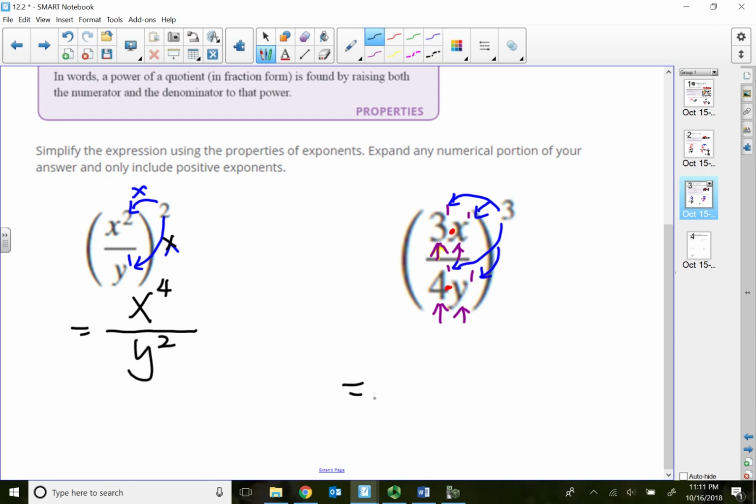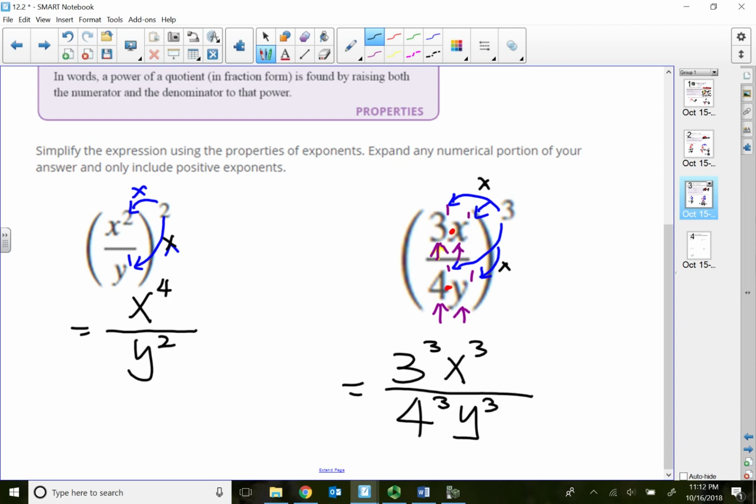Coming out of the parentheses, that should be 3 to the 1 times 3, which is 3, x to the 1 times 3, which is 3, over 4 to the 1 times 3, which is 3, times y to the 1 times 3, which is 3.